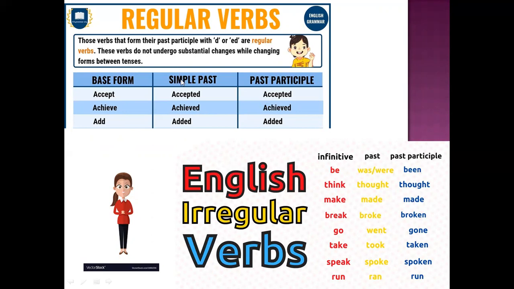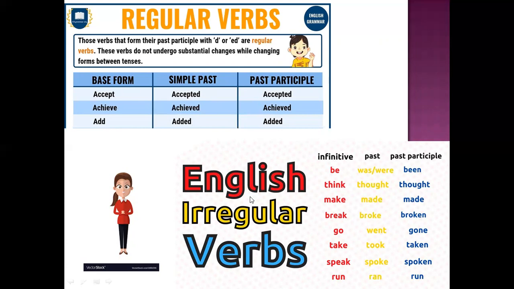That means you find similar patterns when you are changing the base form into past and past participle. That is, we add ed or d to the end of the base form. Look at some examples. Accept, accepted, accepted. The same word is used. Achieve, achieved, achieved. Add, added, added.